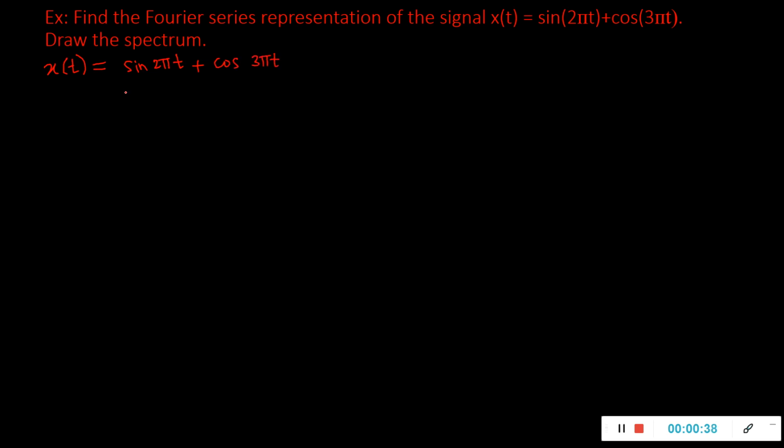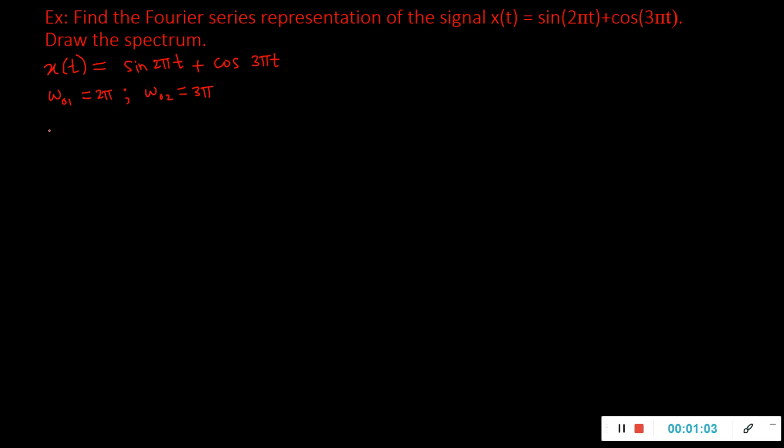If you try to compare this signal, there are two parts. The first one is sin 2 pi t and the second is cos 3 pi t. Comparing with the standard equation, the fundamental frequency of the first signal, omega naught 1, is 2 pi. The fundamental frequency of the second signal, omega naught 2, is given by 3 pi.